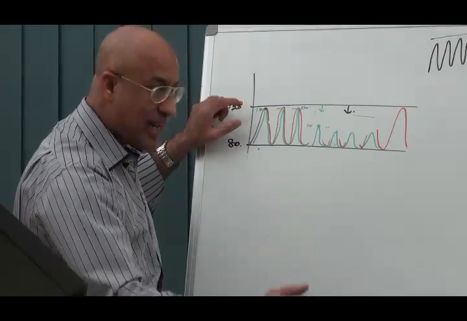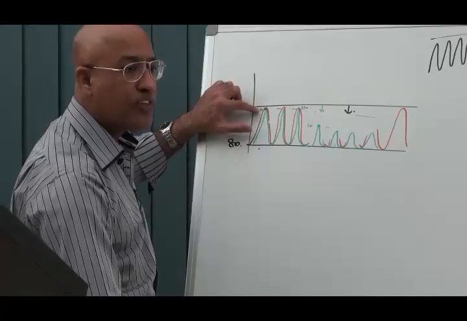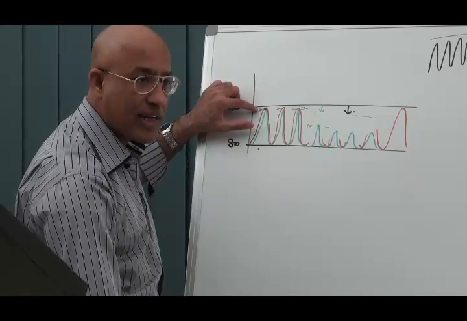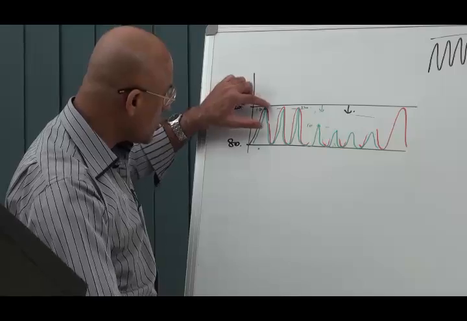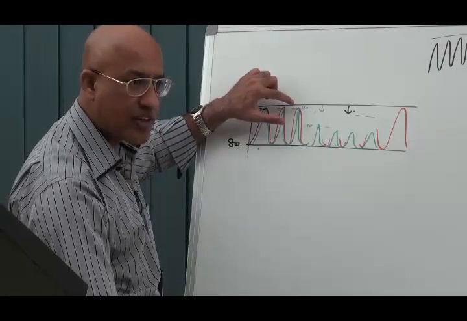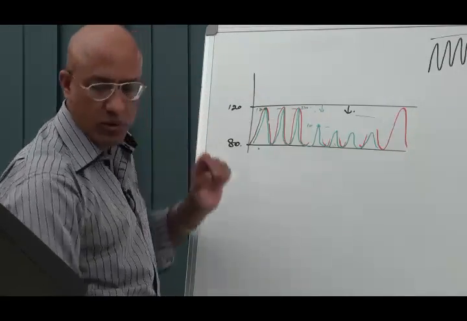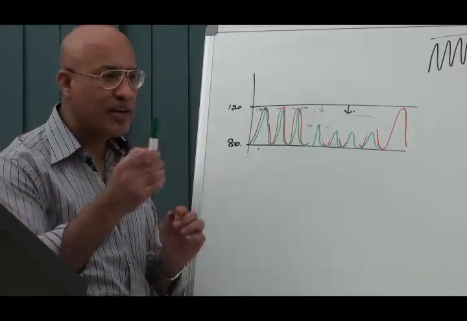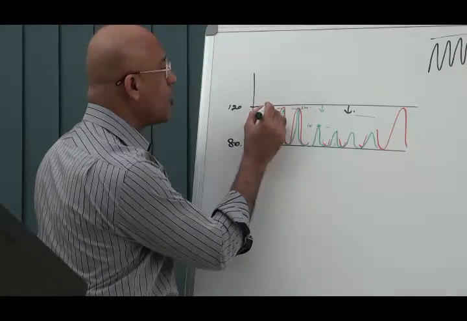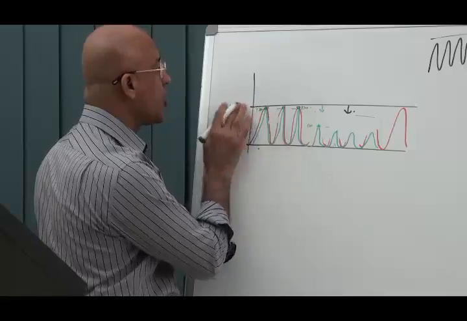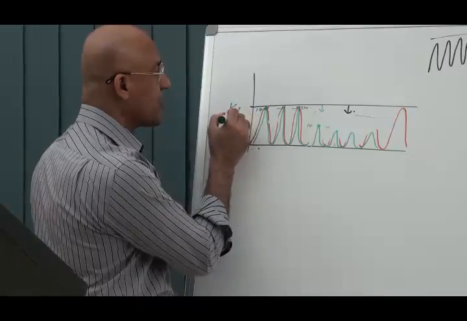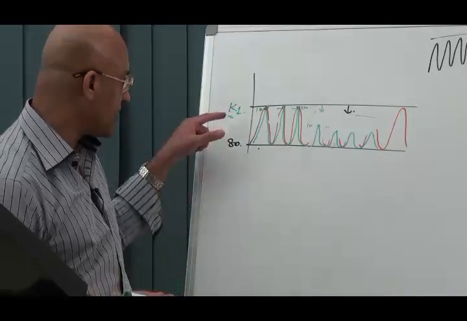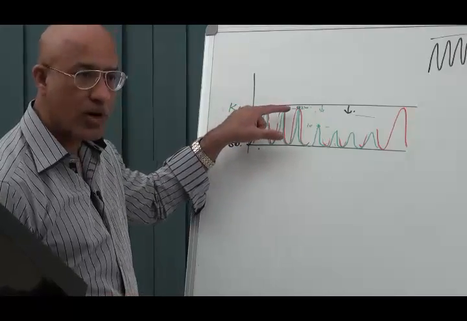You are getting it? Now the first Korotkoff sound will appear. This sound will appear during what time? Expiration. Let's suppose this is 120. For our understanding, we call the sound appearing at 120 K1. Korotkoff 1 starts appearing at a pressure of 120.